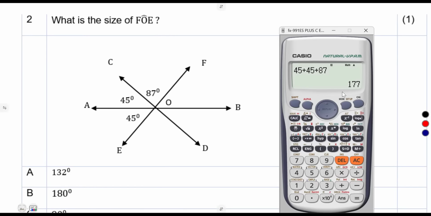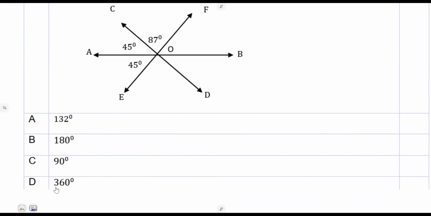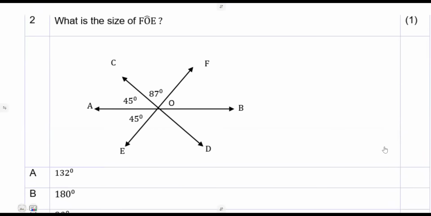This is going to give us 177 degrees, which is not there according to the answers that we are given. Some of these mistakes that they make, a student can even work it out and see it's not there. So the best answer was just going to be of a straight line from what we are given, which is 180.